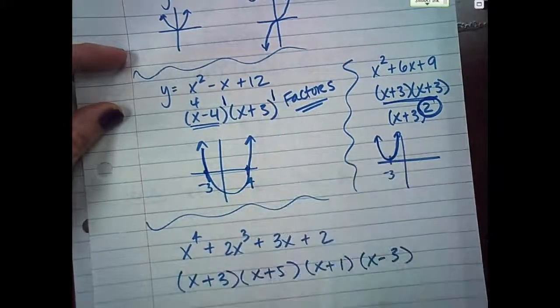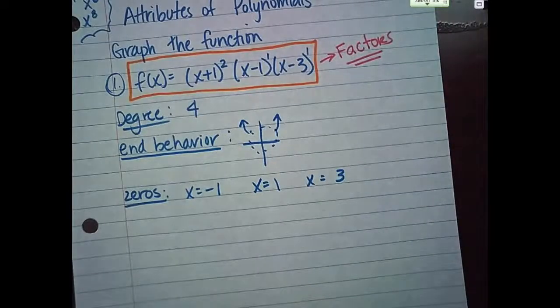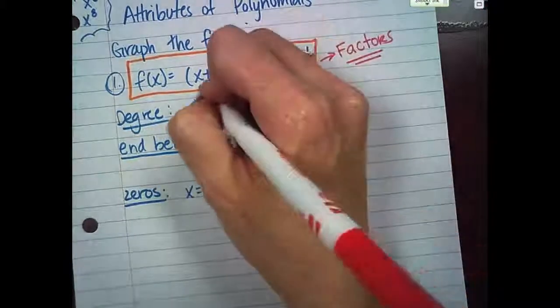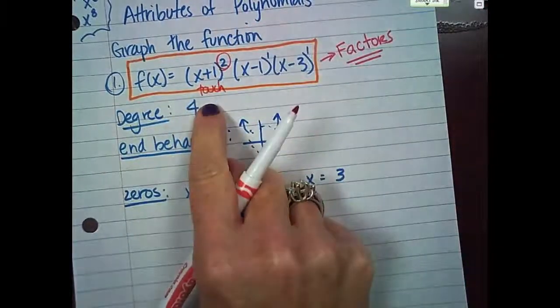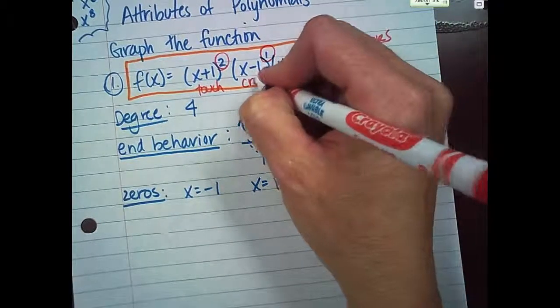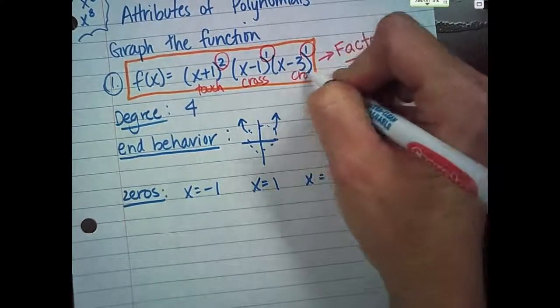And these? A 1, and I crossed it. So the power of 2, you're going to actually touch the graph because it really needs to happen twice. If you have a power of 1, you're going to cross it over. And a power of 1, you're going to cross.